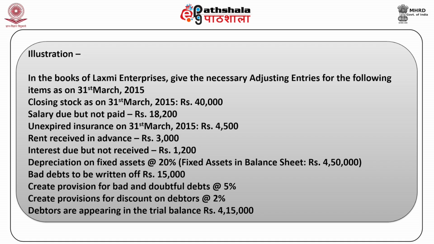Rent received in advance, 3,000. Interest due but not received, 1,200. Depreciation on fixed assets at the rate of 20%. Fixed assets in balance sheet, rupees 4,50,000. Bad debts to be written off, 15,000. Create provision for bad and doubtful debts at 5%. Create provision for discount on debtors at 2%. Debtors are appearing in the trial balance at 4,15,000.